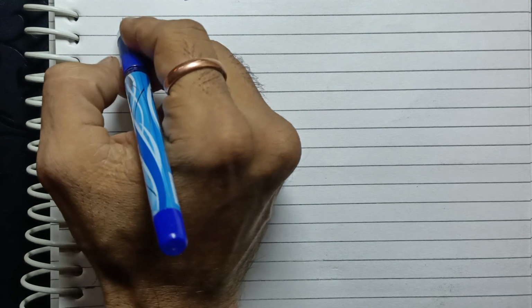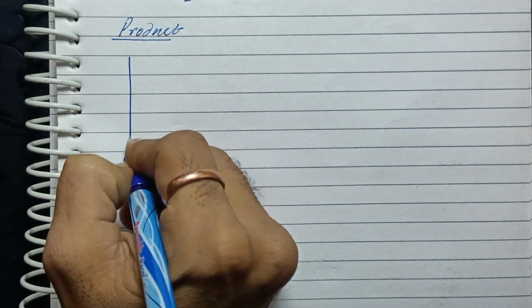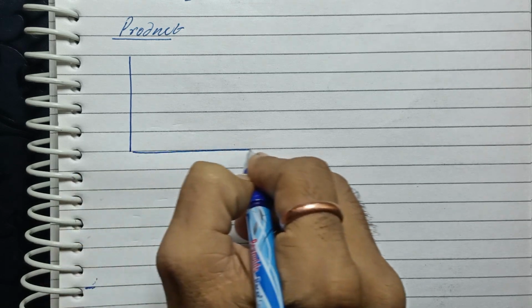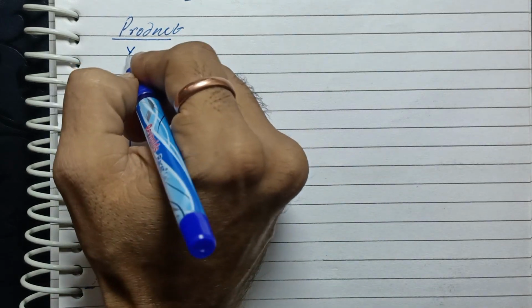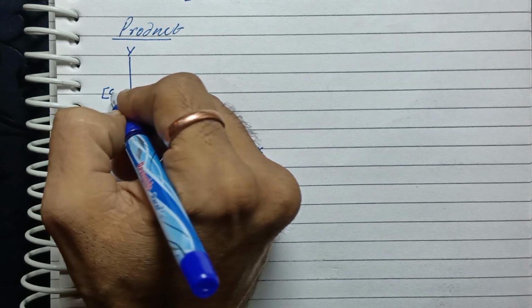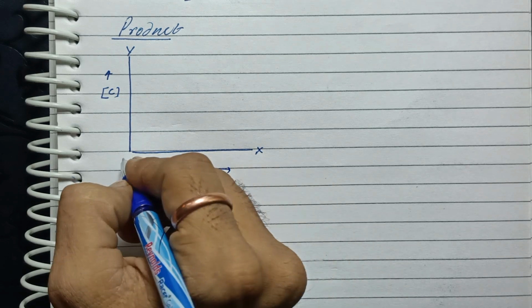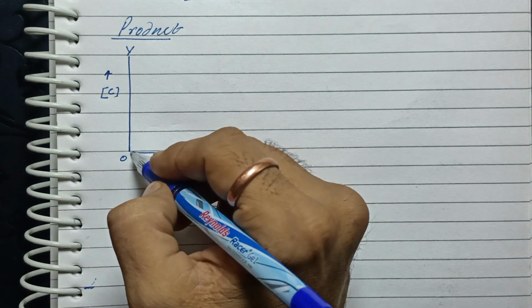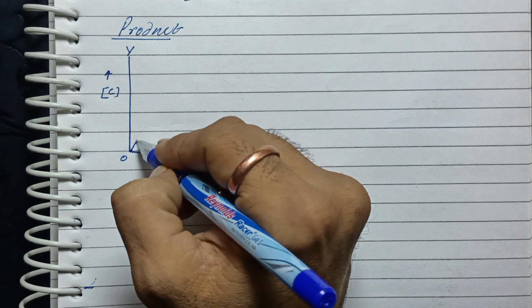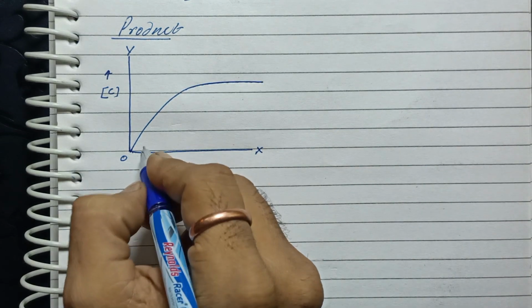Now in case of product, for product, x-axis, y-axis, this is concentration, time. At t is equal to 0, the concentration of product is 0, which goes on increasing and then becomes constant after some time.